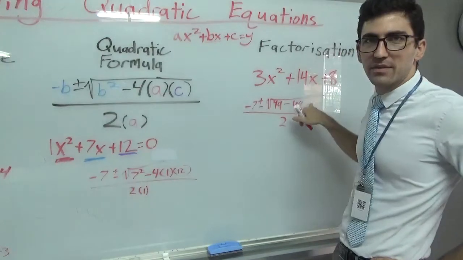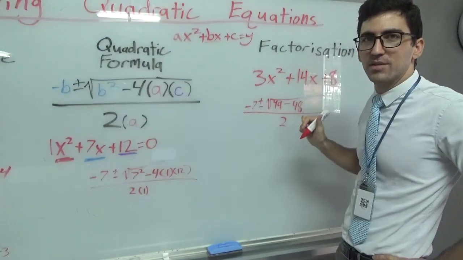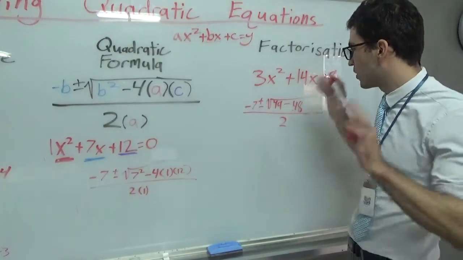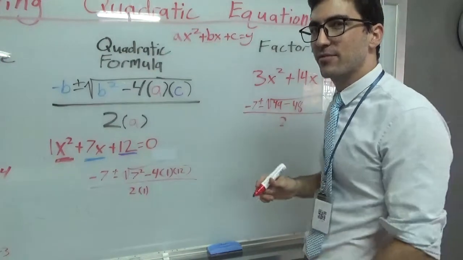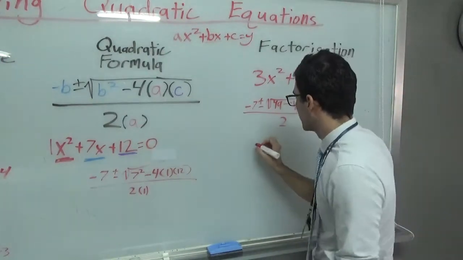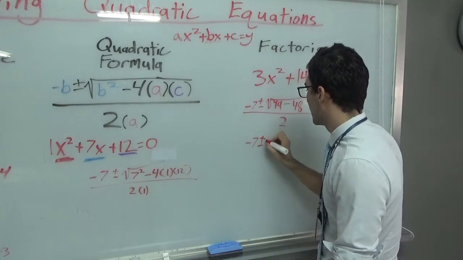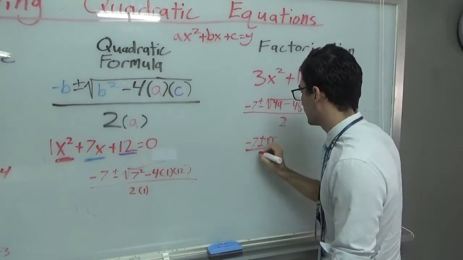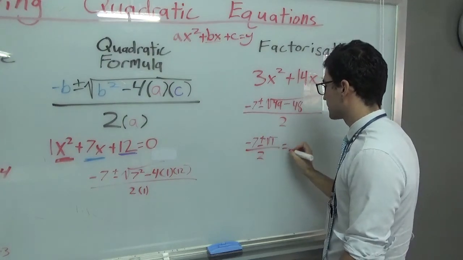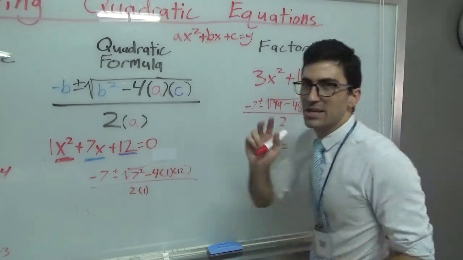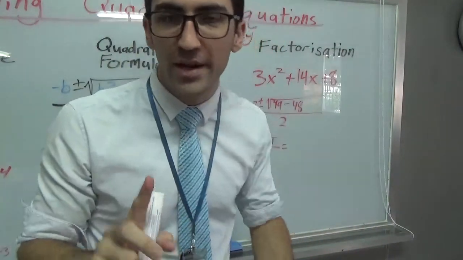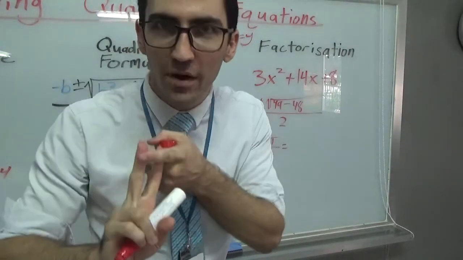We already know that this is 1. We know that the square root of 1 is 1. So we can fast forward on the next 2 steps. So we have negative 7 plus or minus the square root of 1 over 2. Let's turn that into 2 separate equations, one for the plus and one for the minus.